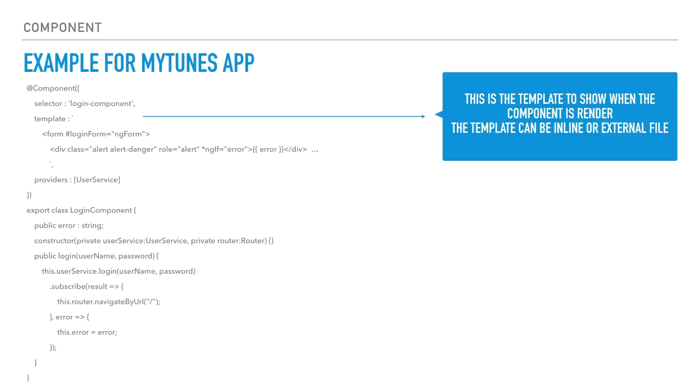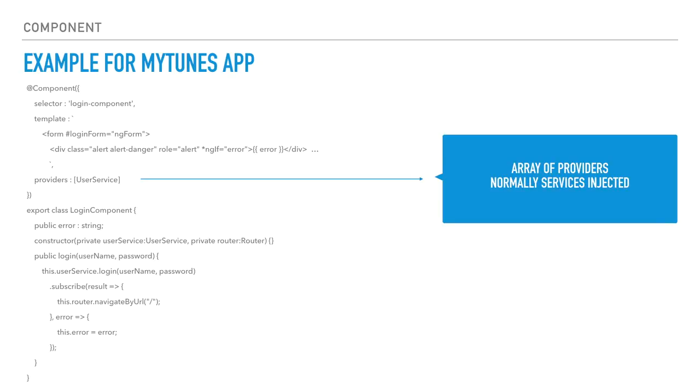Then we can see here that we have providers. Basically, this is a way to tell this component, yes, I need the user service, for example. So in a previous chapter, I talked that in Angular 2, we have services. So these are external classes that have logic like, okay, give me the user, login, and so on.